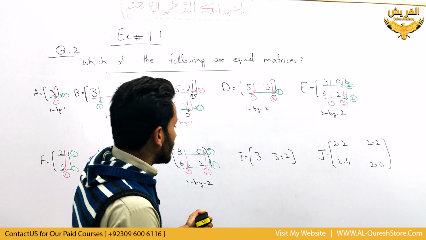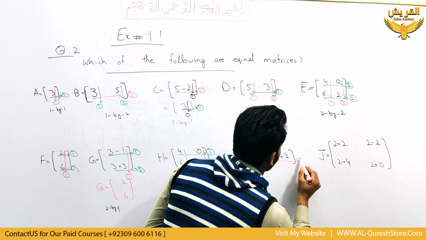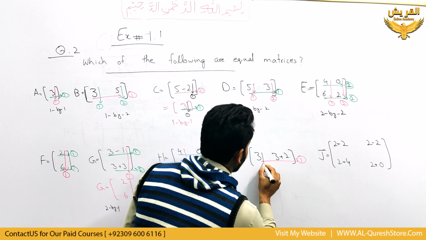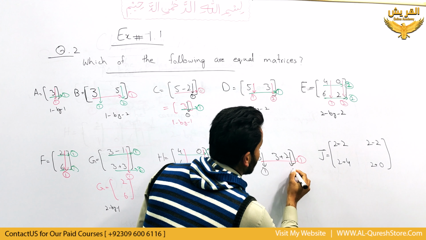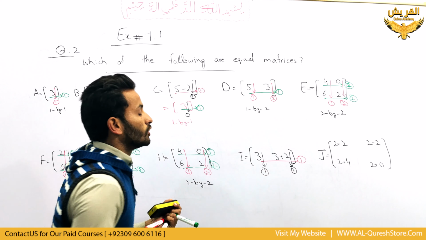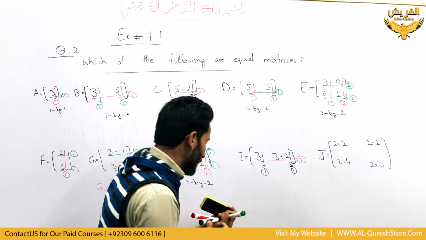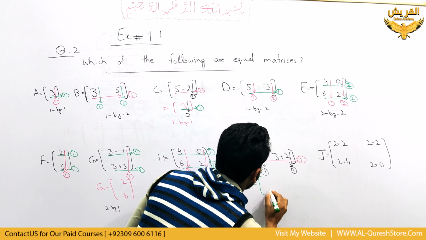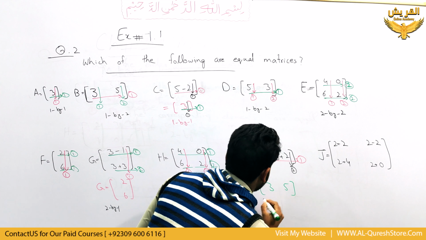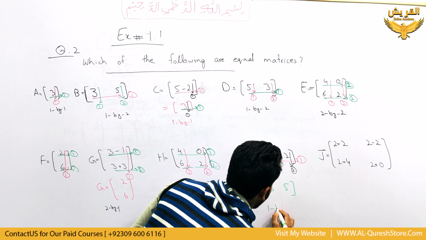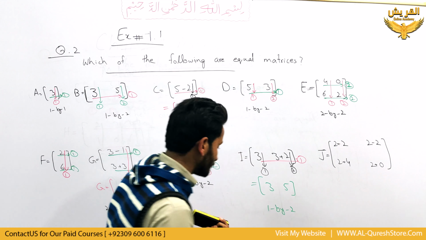Third one, number of rows is 1 and number of columns is 2. 3 plus 2 is a single entry, which is in the second column, and we can also write this matrix as 3 and 5. So order of this matrix is 1 by 2.